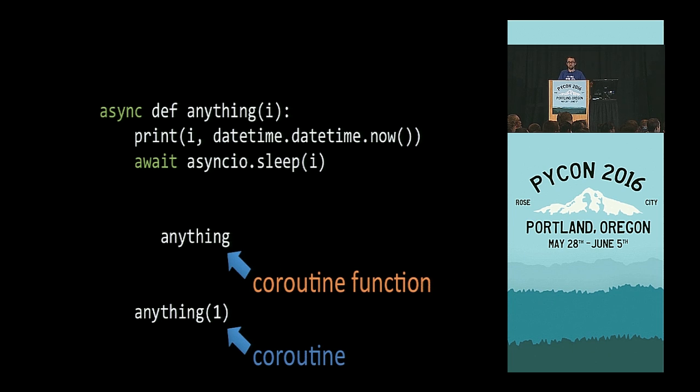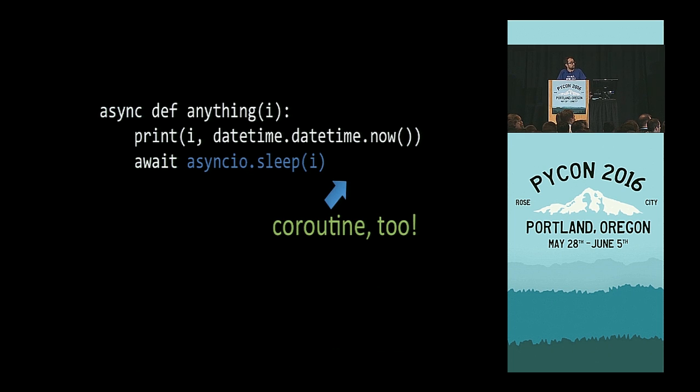A coroutine is already an instantiated call to a coroutine function. The reason why it's important is that that coroutine has a state, and it's going to take a while until it's complete. So whenever I say coroutine function, I mean the thing that we put in the code. Whenever I say coroutine, we mean the thing that's already instantiated. By the way, asyncio.sleep is a coroutine function, and its instantiation is already a coroutine, right?